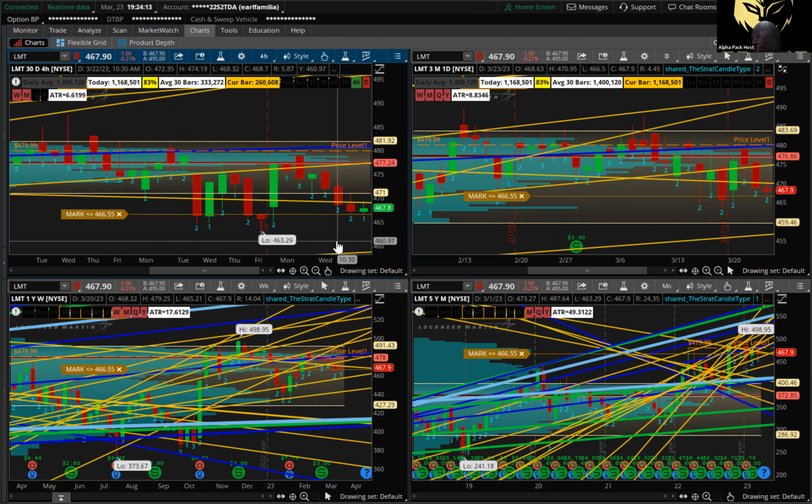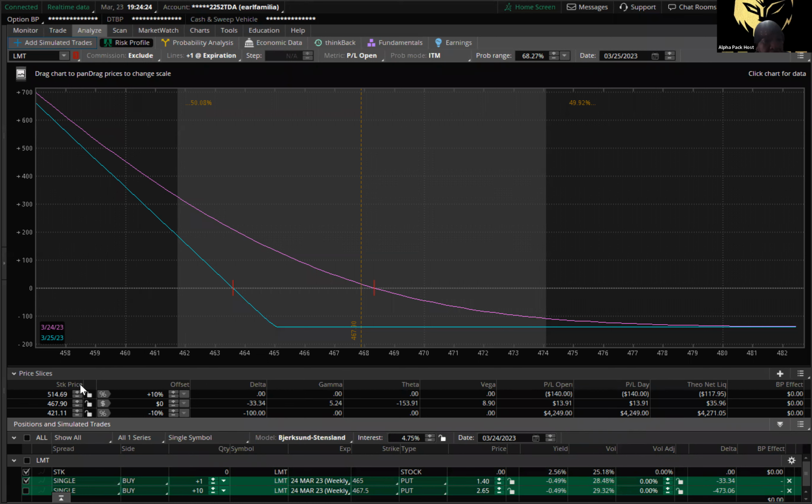Different targets. Take a look at 463.97. Contract is 140.